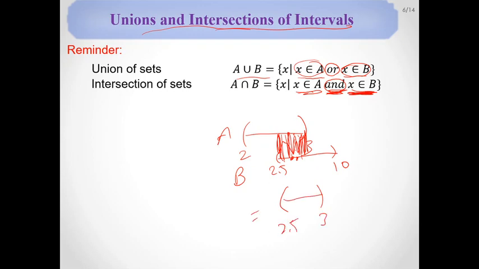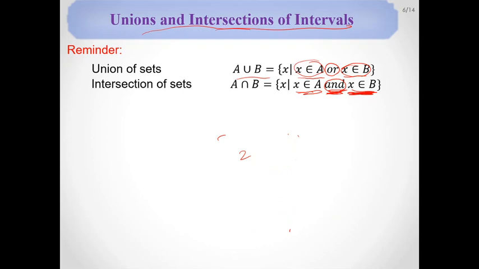But when we take the union, we take this and this, and together it will make 2 to 10. So this is A union B. We will come to that in coming exercises.